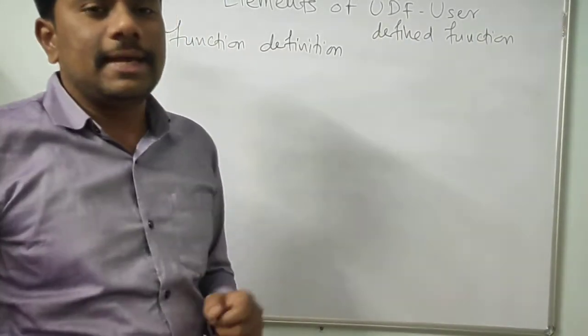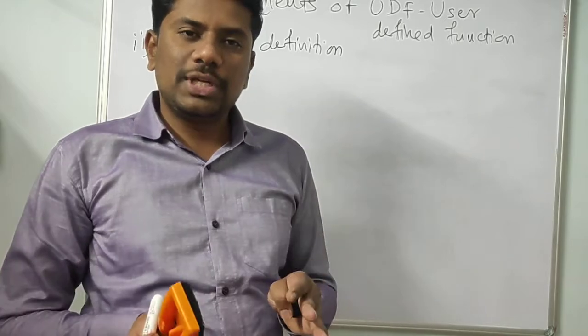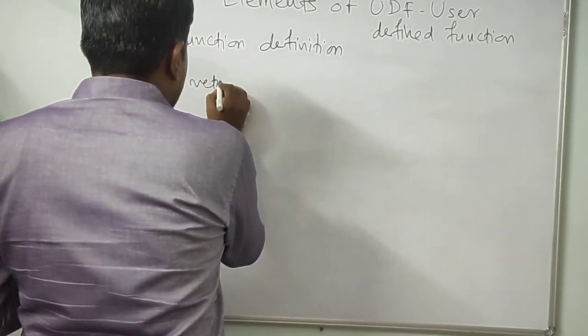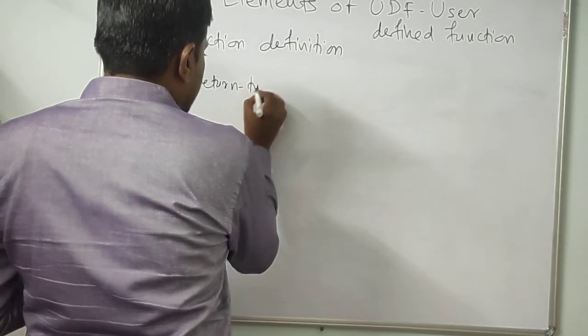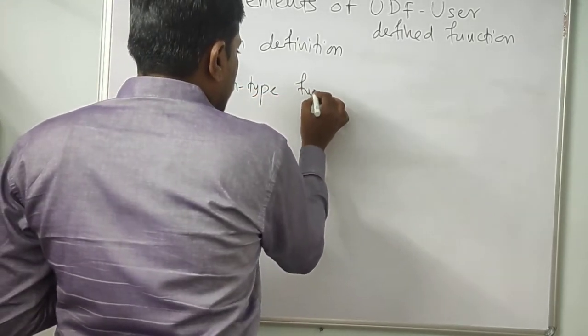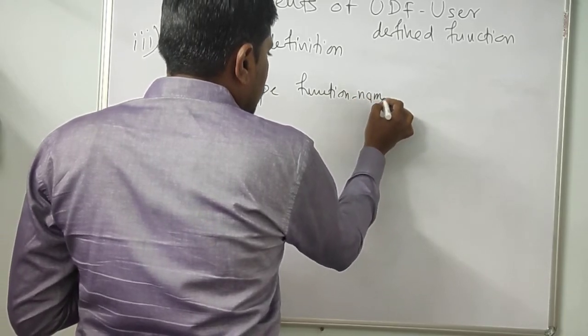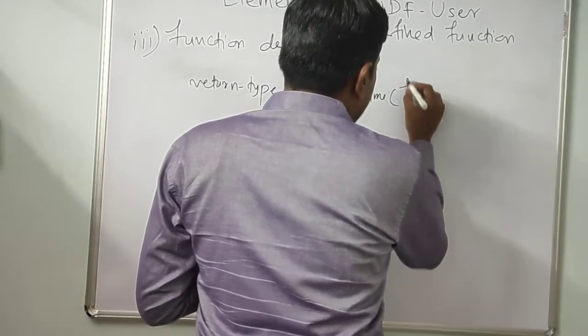Function definition. Whatever syntax we have seen for function declaration, first take that as it is. We have already seen this. There is a return type, then function name, then formal parameter list.